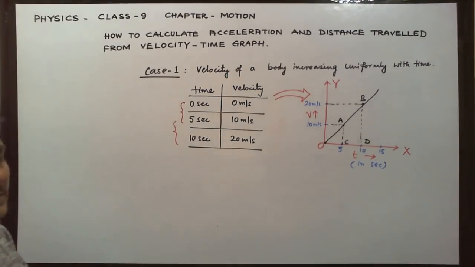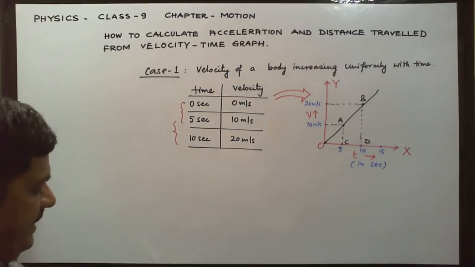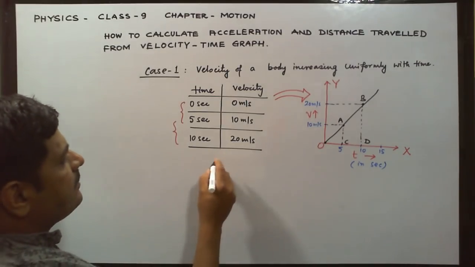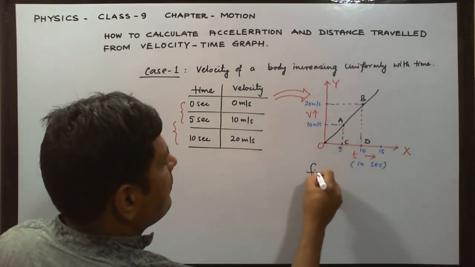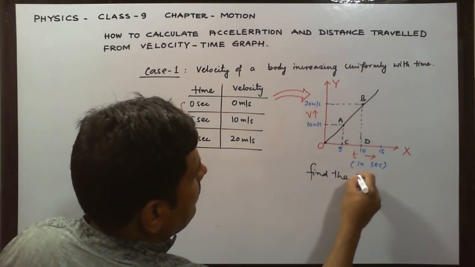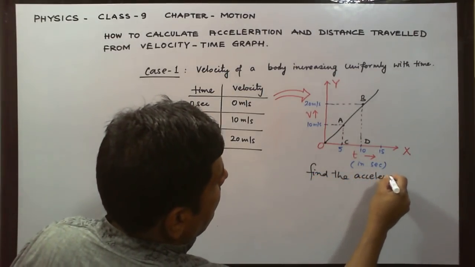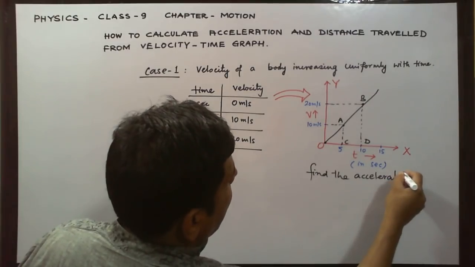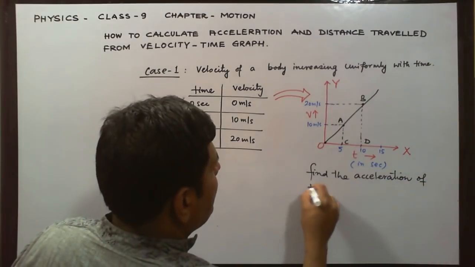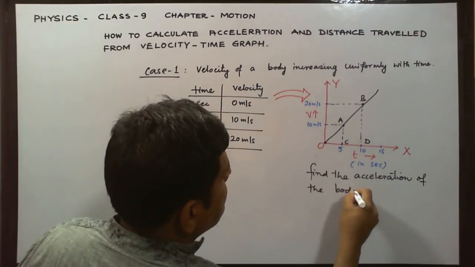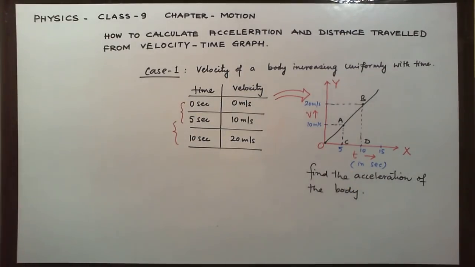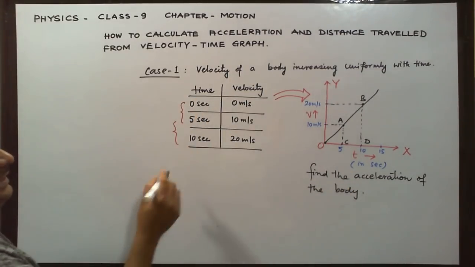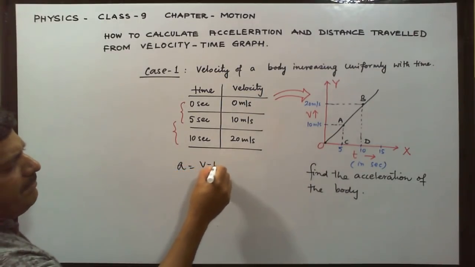If the question is to find the acceleration of the body, we need to find it out. Now if you look at this case, a is equal to v minus u by t.